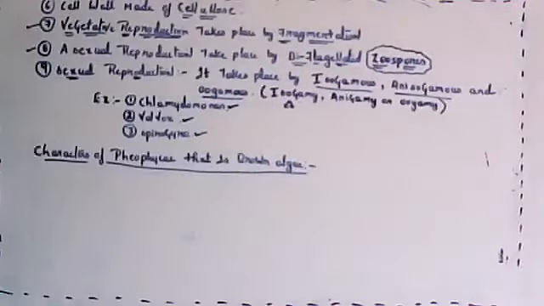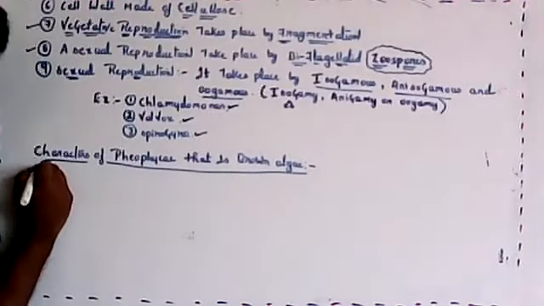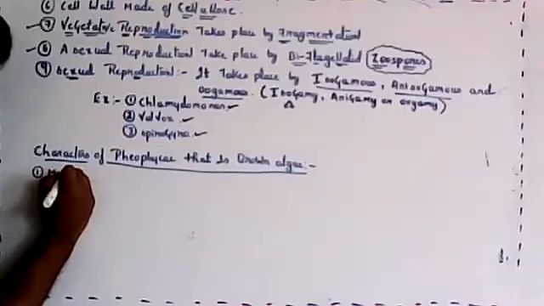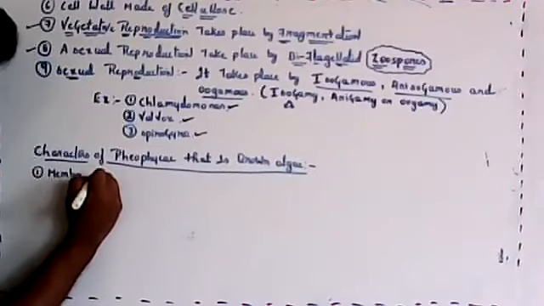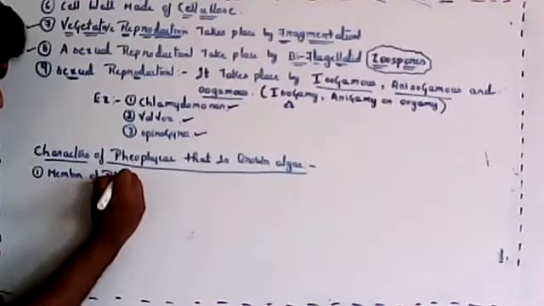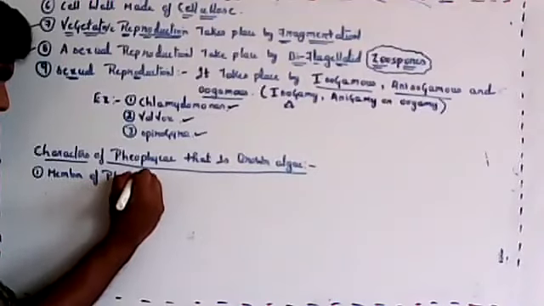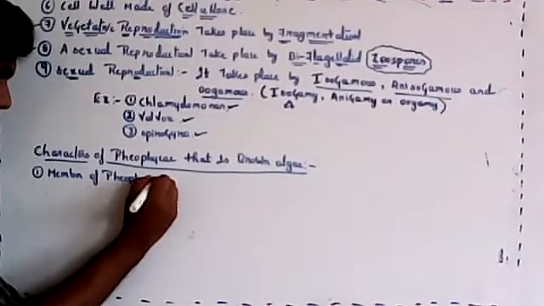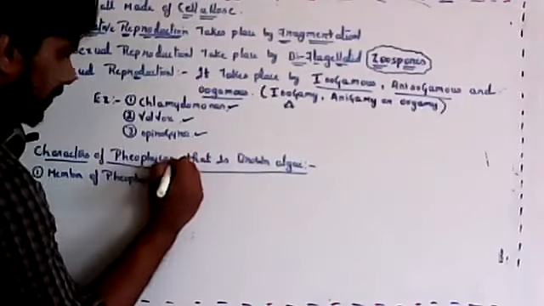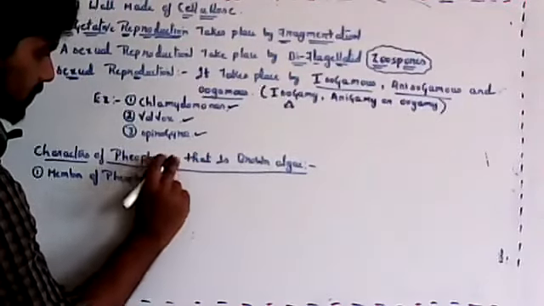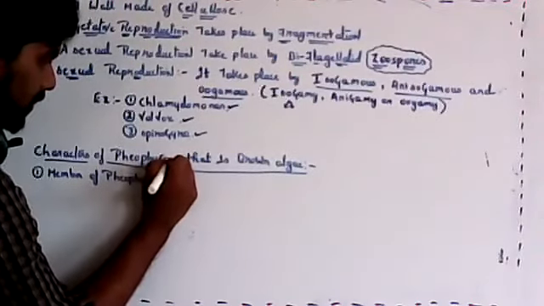Okay. So in brown algae, the members of Phaeophyceae, so first point, members of Phaeophyceae, spelling PHAEOPHYCEAE.